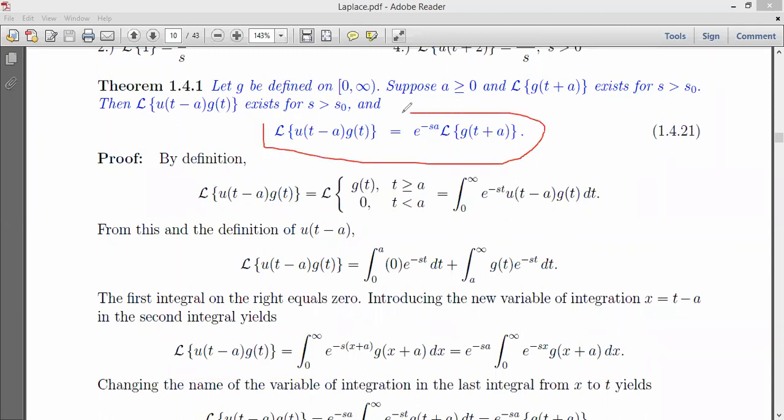This is what we are trying to look for: if you have a given function in the form of a unit step, so you have a step and then the actual function, then the Laplace of that function will be given by this statement here.